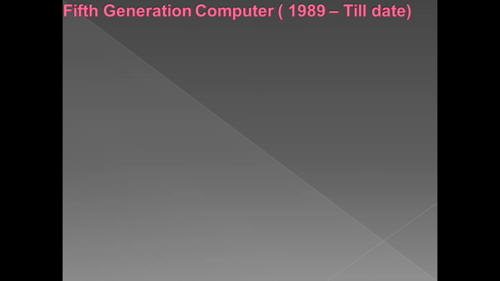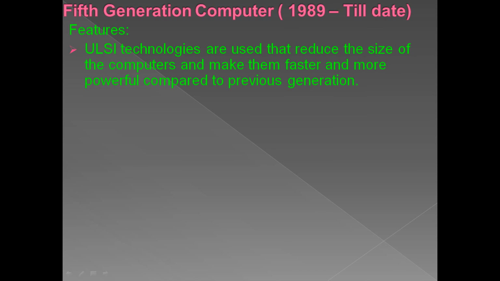Now next is the fifth generation of computers, that started from 1989 until now. That means we are in the fifth generation of computers. So we are living in the fifth generation. ULSI technologies are used that reduce the size of the computer and make them faster and more powerful compared to the previous generation.